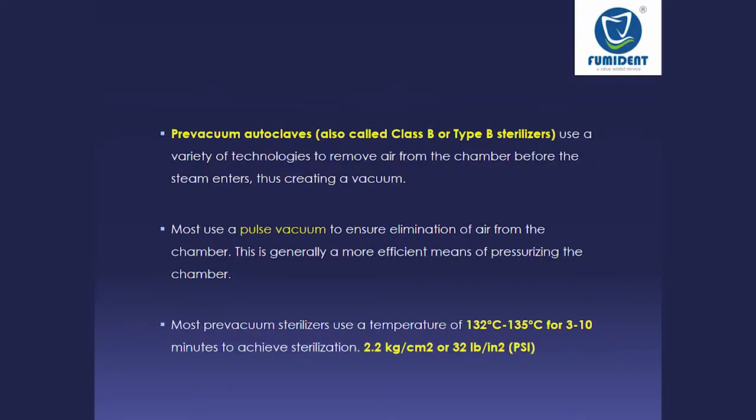As the word suggests, these autoclaves have pre-vacuum generation cycles. In 2 or 3 pulse vacuum cycles, whatever cold air is present inside the autoclave gets removed, and when steam penetration occurs, it occurs inside the vacuum. That's why it is considered the most perfect autoclave for sterilization.